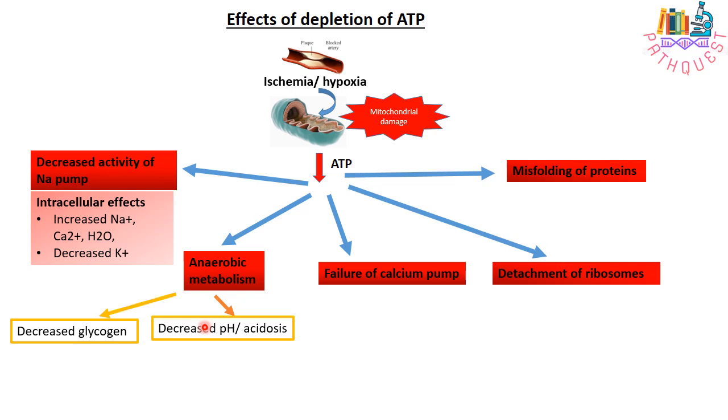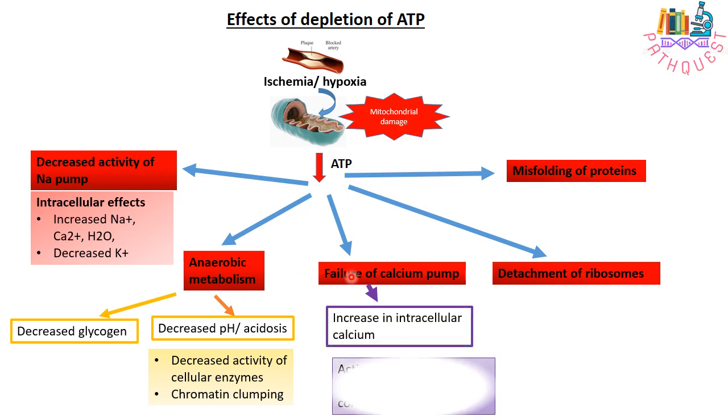For optimal functioning of various cells, neutral pH is required. When the pH is decreased, it has multiple harmful effects on the cell, which include decreased activity of cellular enzymes and chromatin clumping. The next effect is failure of the calcium pump, which again has multiple effects, including increased intracellular calcium and activation of cytosolic enzymes, causing damaging effects on the cell constituents.